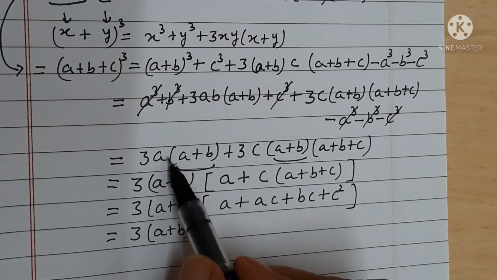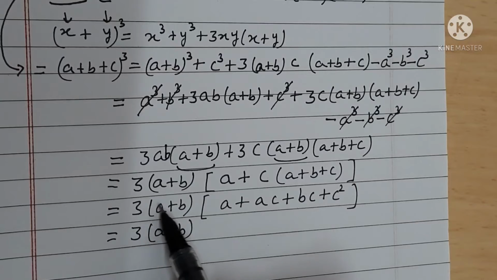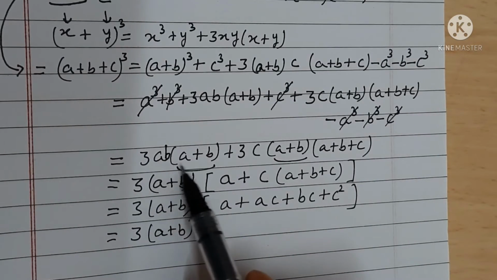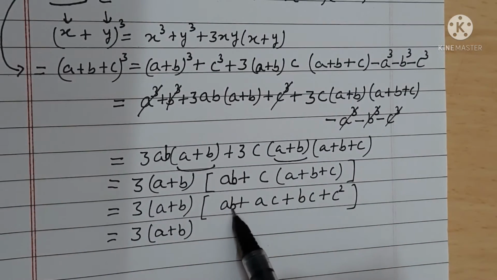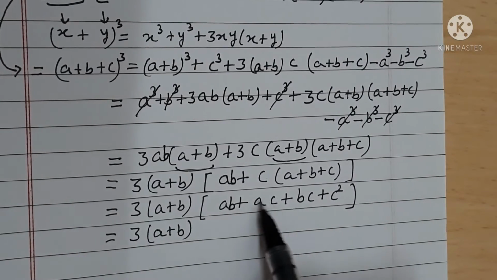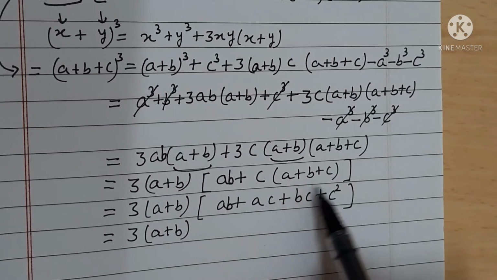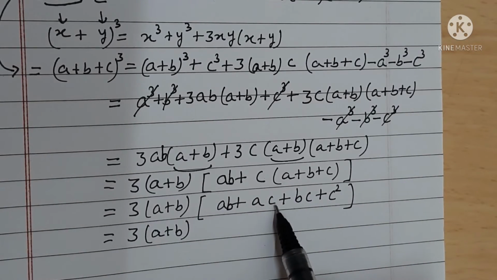So right here ab, this is ab. When we take 3 into a plus b common, in the bracket ab was missing, so it was not going properly. Now it is correct, ab and ac.